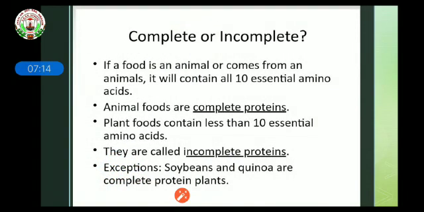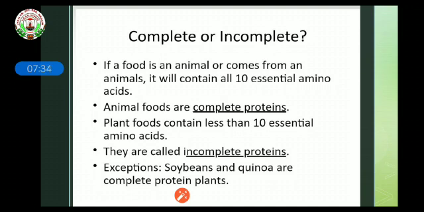As I said, complete or incomplete protein. If a food comes from animal sources, it contains all the 10 essential amino acids which our body requires, and 10 are synthesized in our body only. Animal foods are complete proteins.